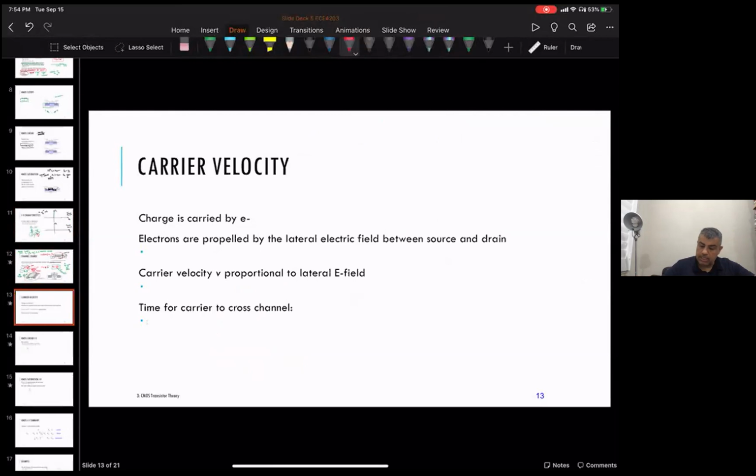We have basically electrons in an NMOS. This whole discussion is about NMOSFETs; the PMOS ends up being the inverse of that. We have an electric field between the source and the drain.